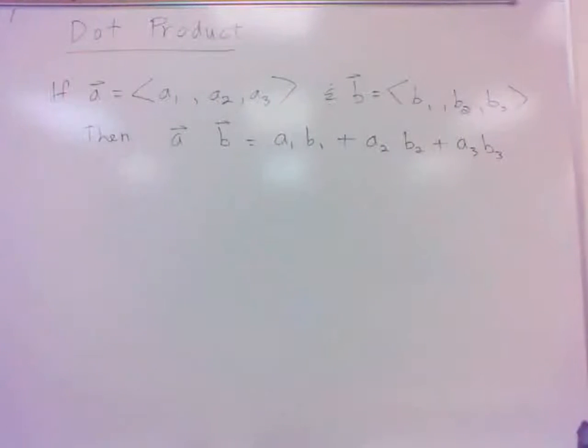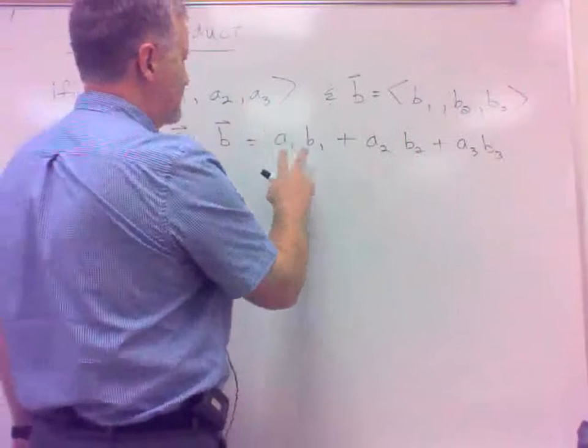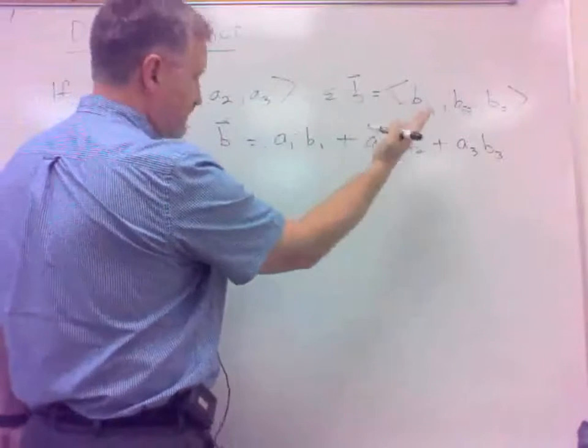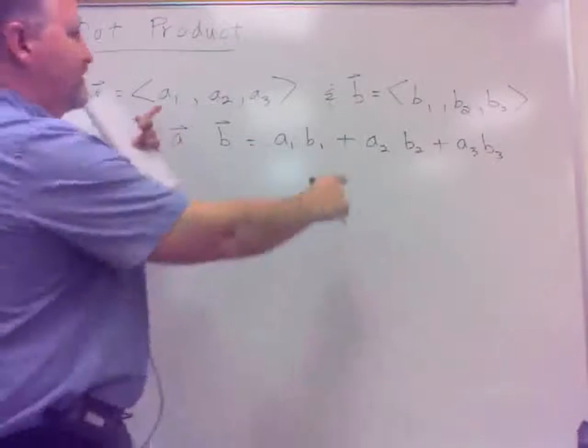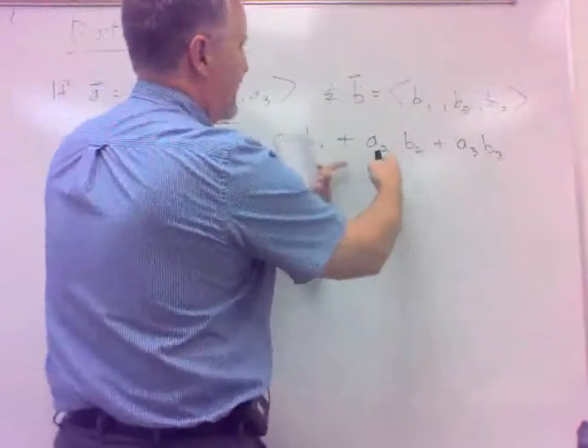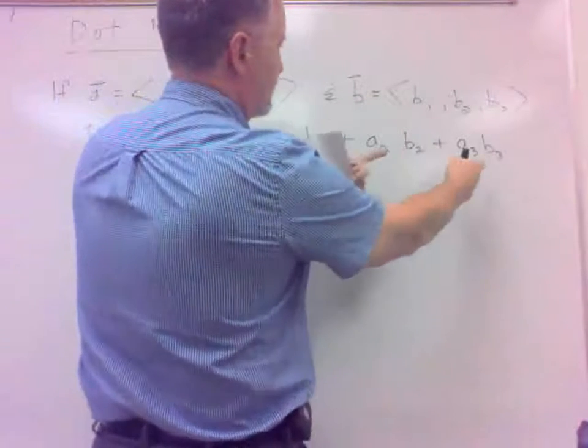All right. Now, first question then is, when we do this, do we get a vector or a scalar out of it? We get a scalar. This is just going to be a number because all I'm doing is multiplying two numbers together, and then adding to that the product of two more numbers.